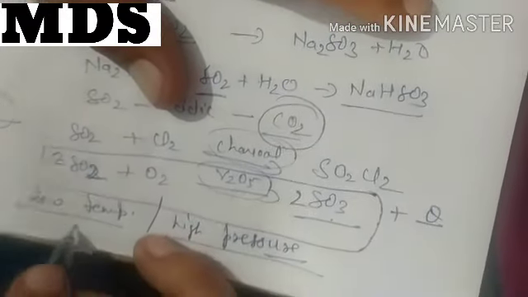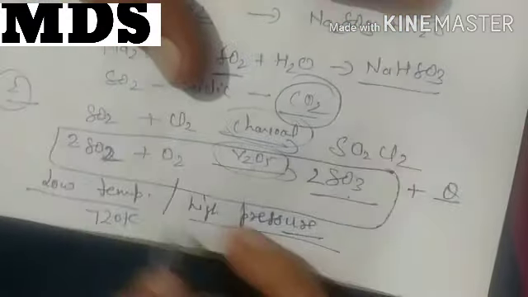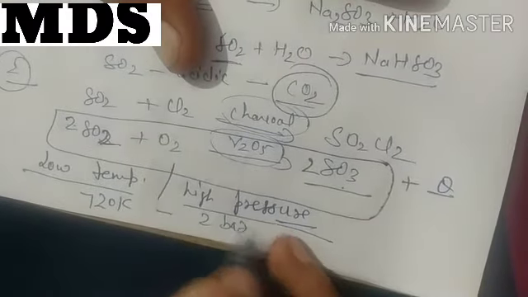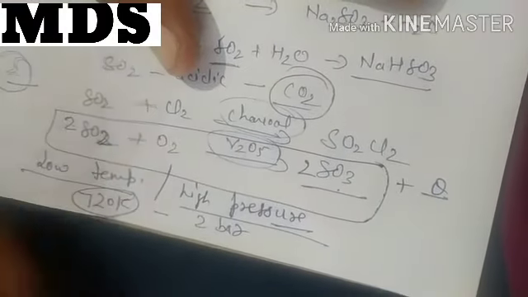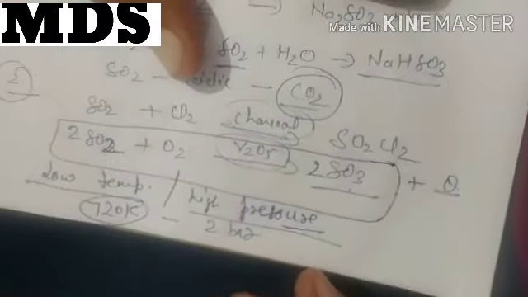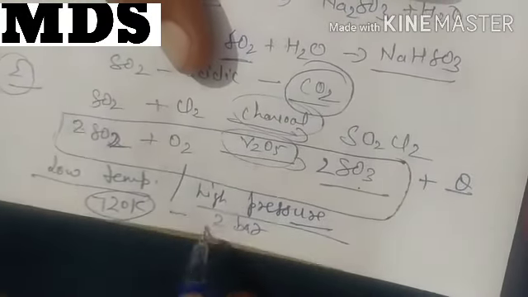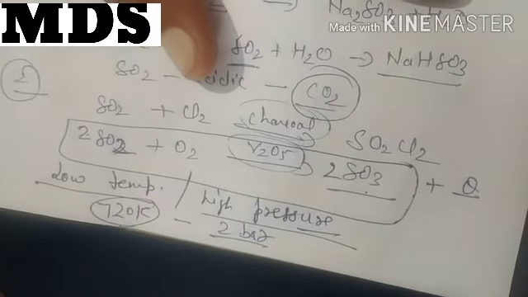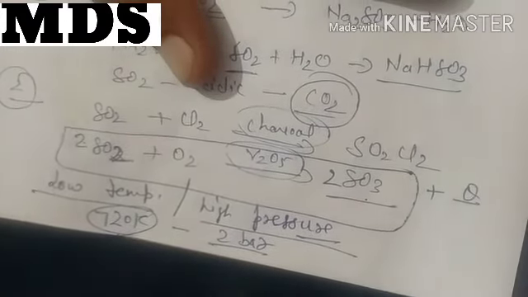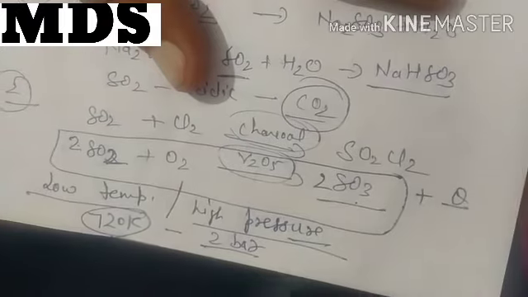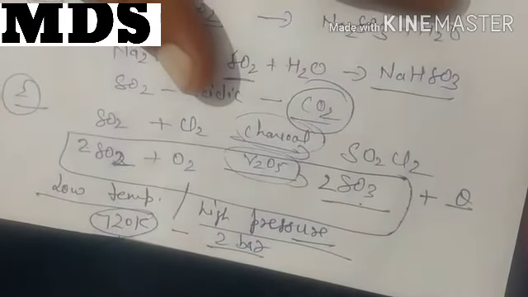But still, we do the process at 720 Kelvin and 2 bar pressure because at very low temperature the reaction rate becomes slow. That's why the temperature is raised a little, but the pressure is increased to a considerable amount. So these are the two necessary conditions in the contact process for the production of sulfuric acid.